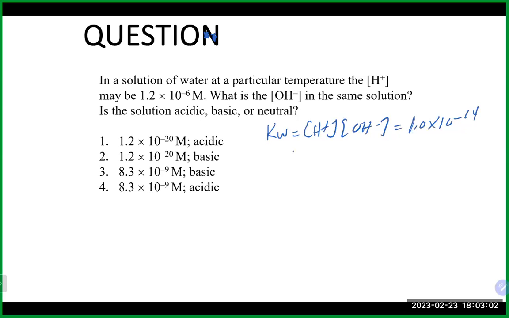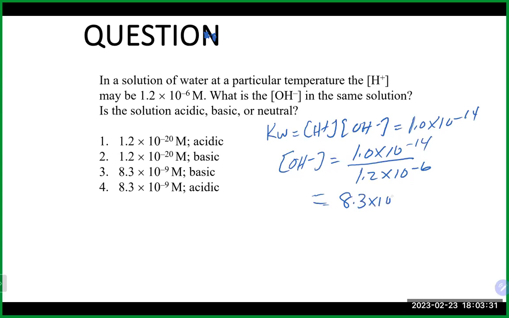Once again here, we're going to solve for OH minus. And again, regardless of which one you're solving for, pretty much the same deal, 1 times 10 to the minus 14. And in this case, we're going to divide it by our H plus, which is 1.2 times 10 to the minus 6. Again, making sure that we put everything into our calculator correctly here, using our exponent button, we will get 8.3 times 10 to the minus 9.